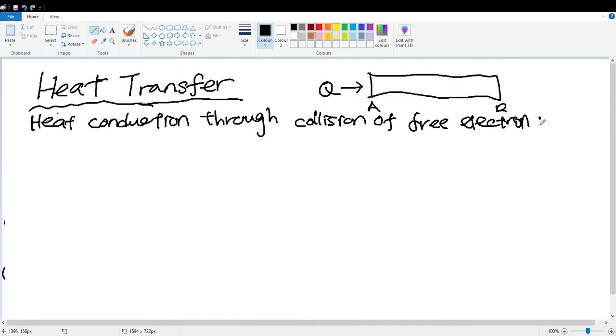This way is quite similar to the way lattice vibration works.